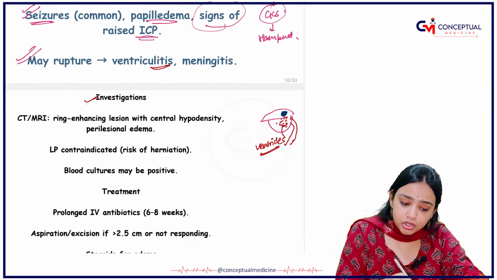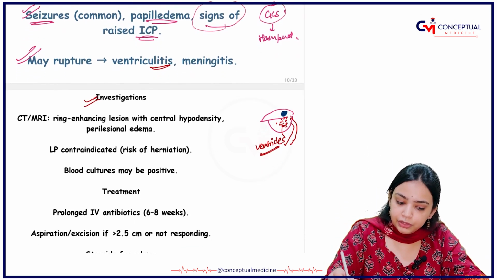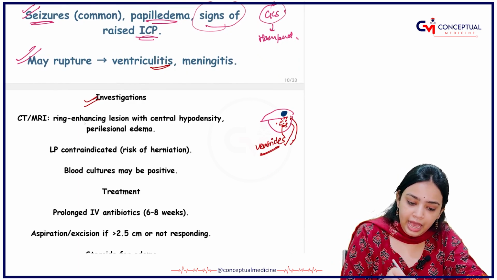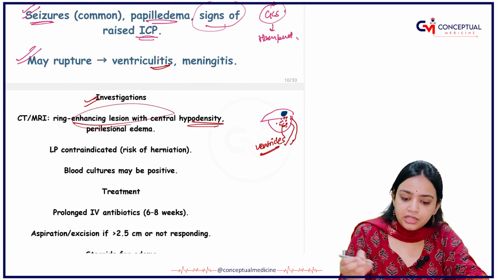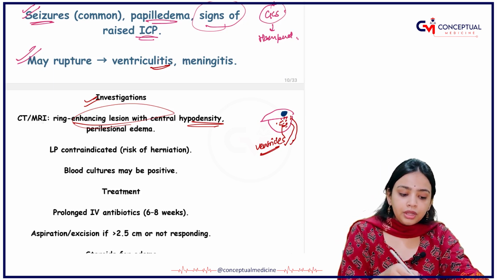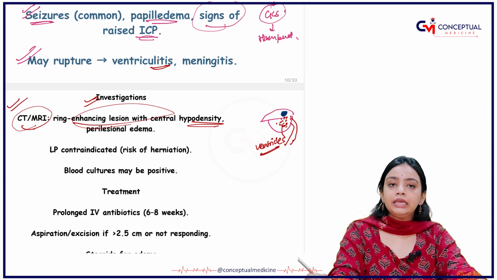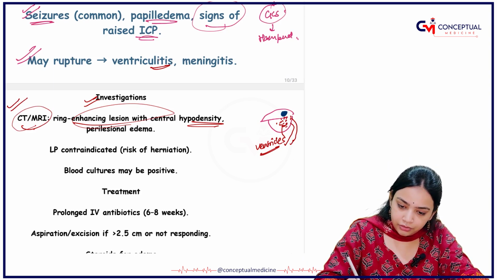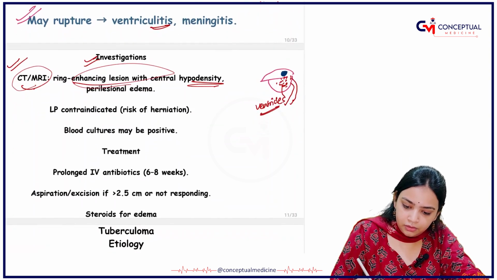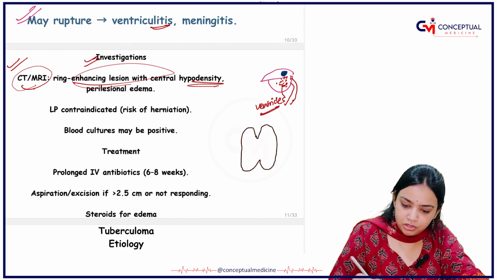What are the investigations you will order? First thing that you will order is the CT or MRI, and in that you will be able to see a ring enhanced lesion with contrast, hypodensity, right? Let's suppose this is your brain.